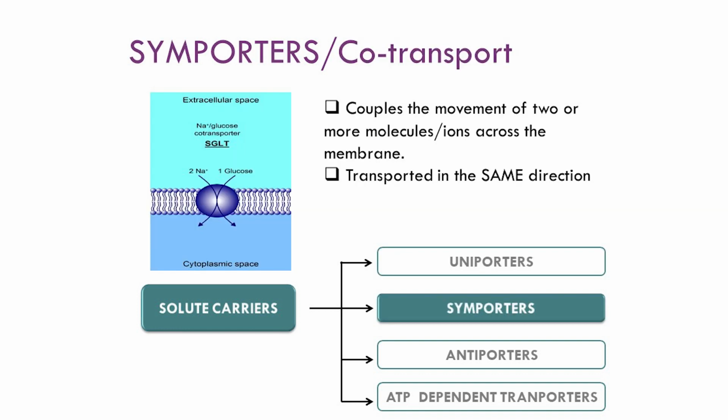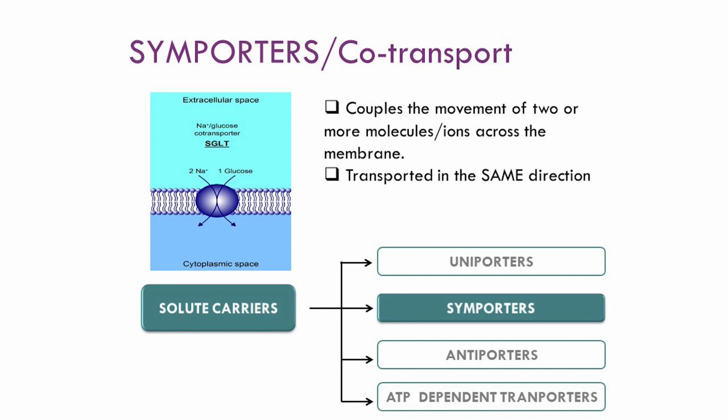How about symporters or co-transport? They are both the same. It couples the movement of two or more molecules, ions, across the membrane. Take note of this, they are transported in the same direction. An example given here is your sodium glucose transporter. So the cytoplasmic space, and you have your ECF.